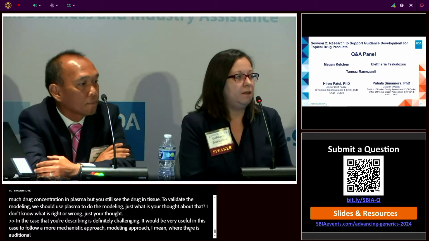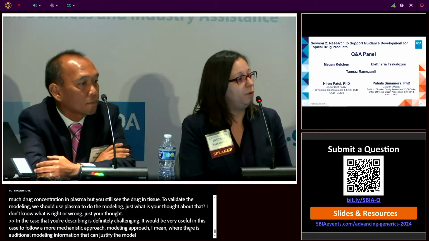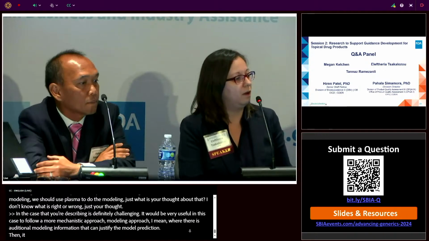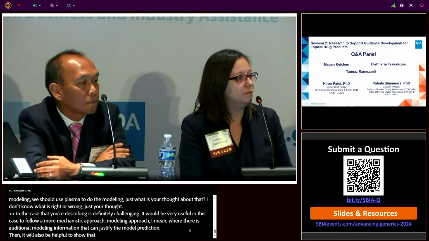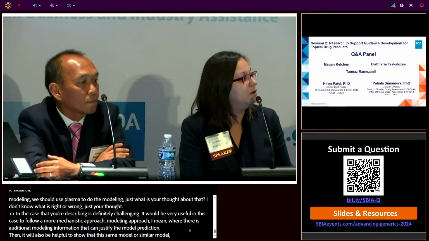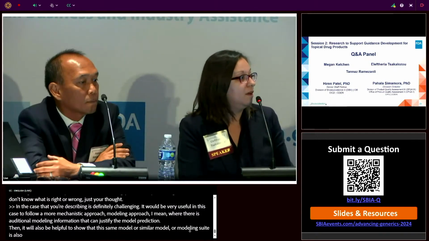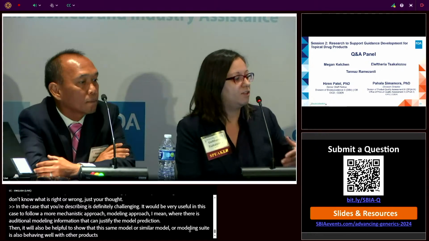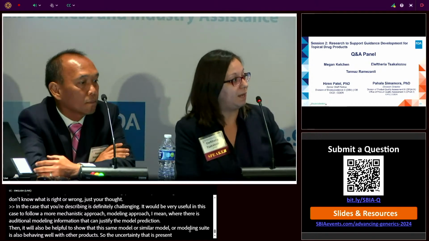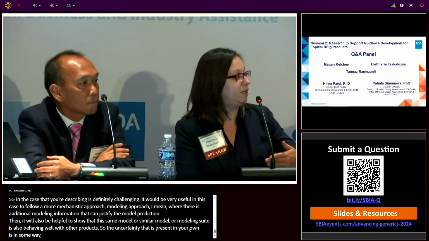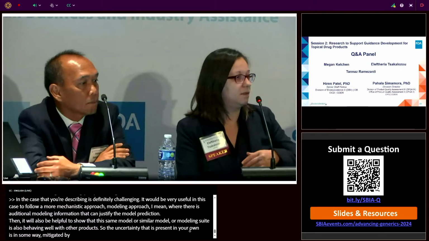Then it will also be helpful to show that this same model or similar modeling suite is also behaving well with other products. So the uncertainty present in your own case is in some way mitigated by accumulating knowledge in other cases.